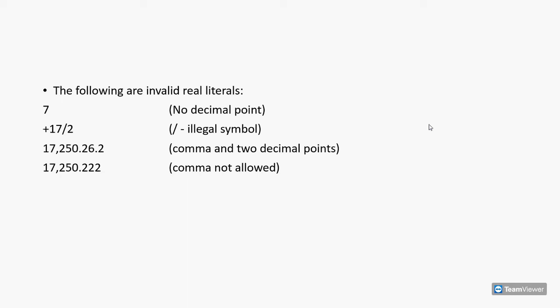Therefore, this is an invalid real literal. Next, 17,250.26.2. There is a comma and there are two decimal points, which make this an invalid real literal. The last one, 17,250.222, because commas are not allowed, therefore this is an invalid real literal.